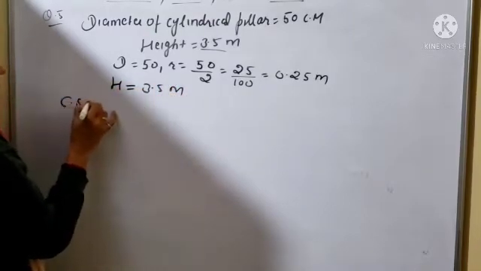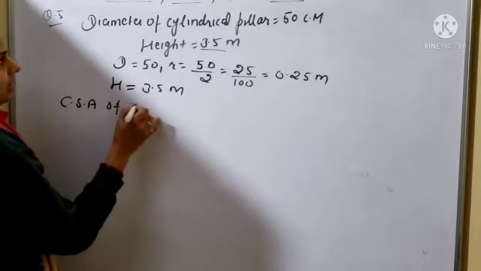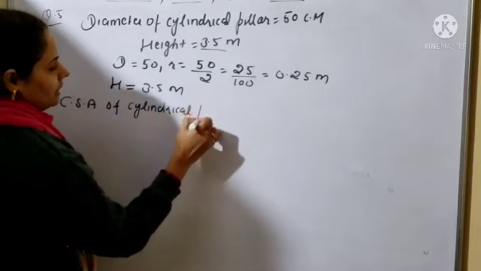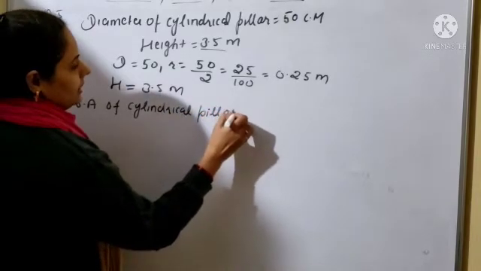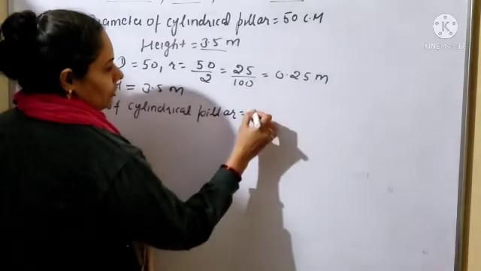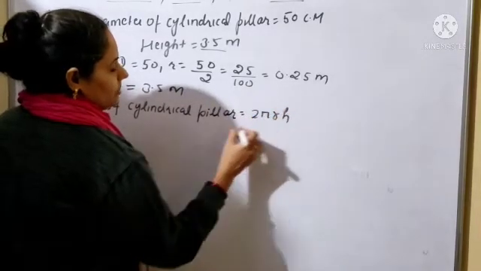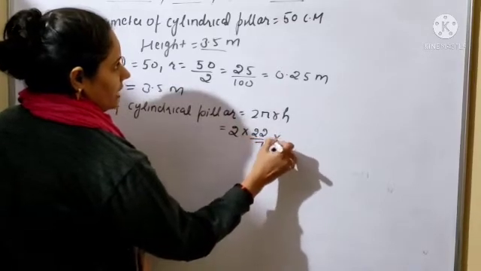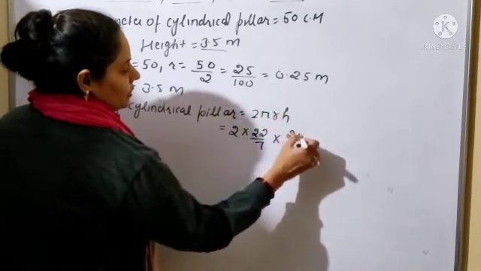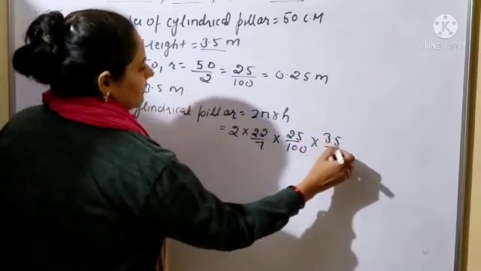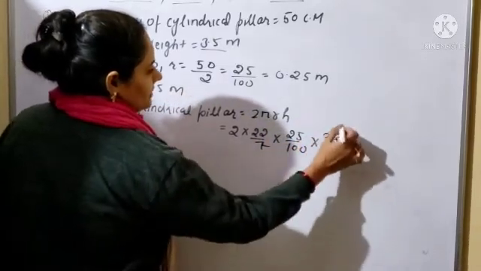What will be the curved surface area of the cylindrical pillar? It will be 2 pi r h. Put the value: 2 into 22 by 7 into r, which is 0.25, so you can write 25 by 100, into h, which is 3.5, so 35 by 10. 7 5s are 35.